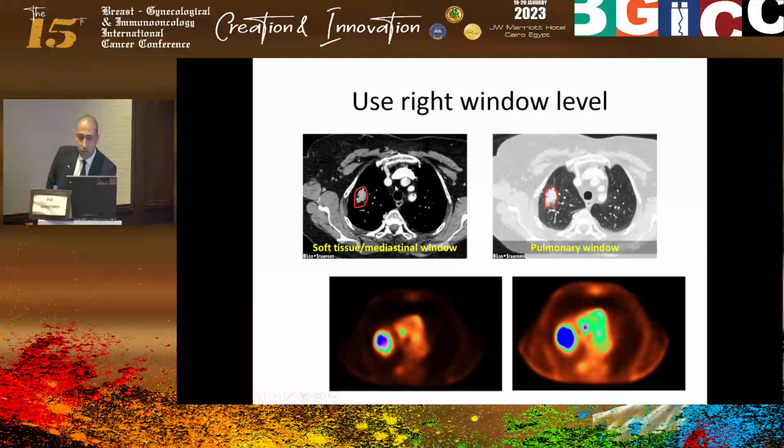A lot of the time, if you use the incorrect window level, you can underestimate or overestimate the tumor. If you're using PET CT scan for contouring, so you're registering the PET CT scan, it is super important that you use the correct window level, and that's usually pre-specified using the computer.